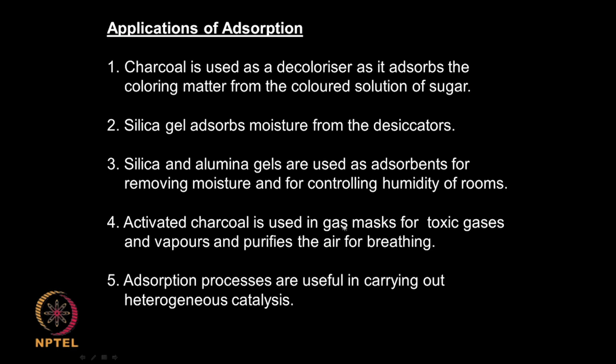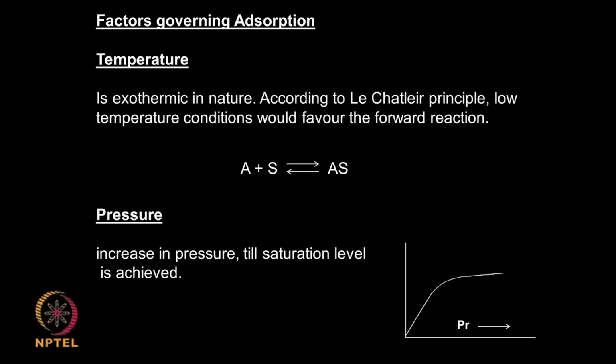Activated charcoal is used in gas masks for removing toxic gases, sometimes even methane and so on, so that it purifies the air. It can also be used for carrying out some heterogeneous type of reaction. If I am using oxidation or hydrogenation reaction using nickel, or oxidation type of reactions, or if I am using a catalyst like platinum for hydrogenation and so on, there you will come across adsorption.